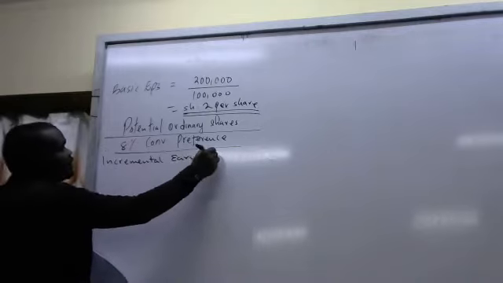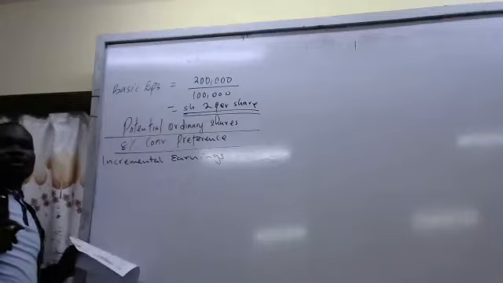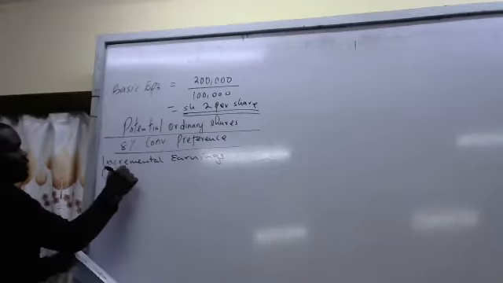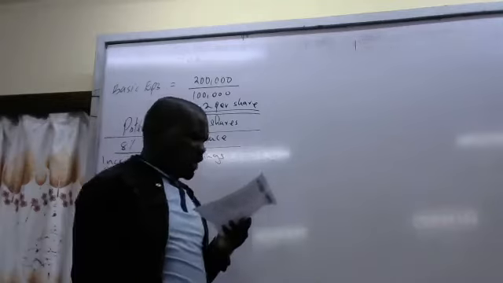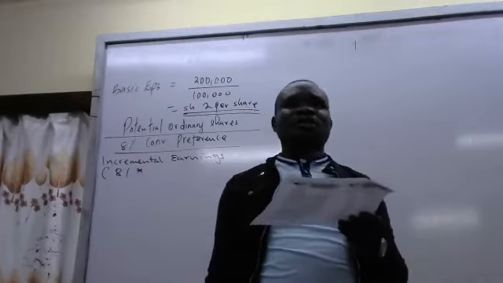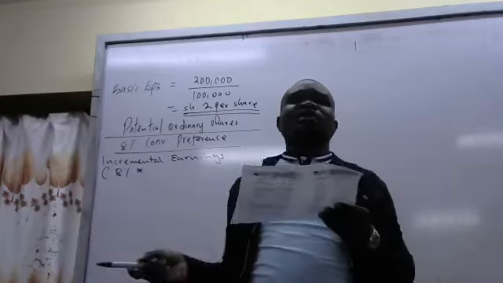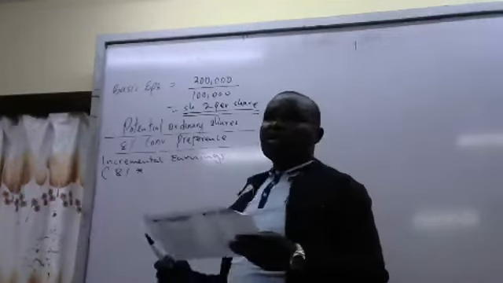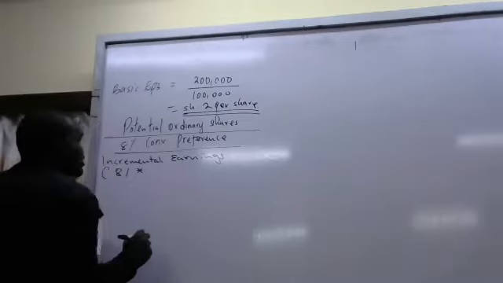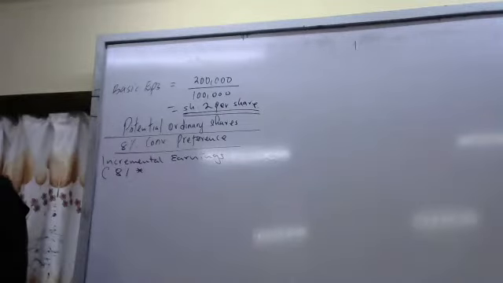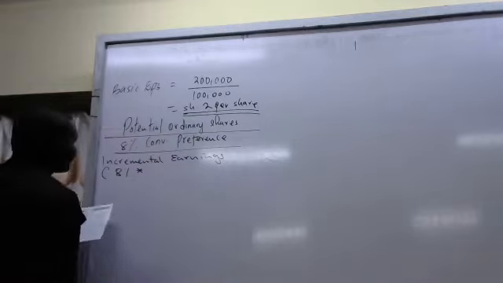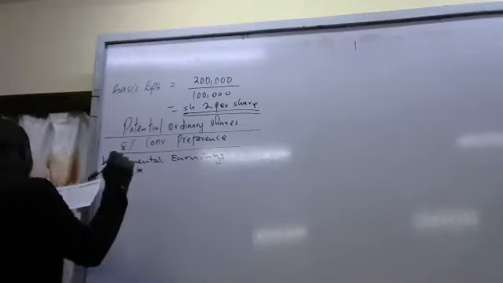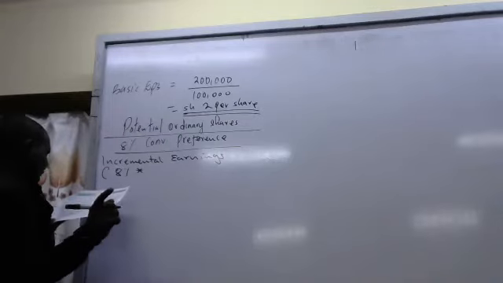Incremental earnings. Nobody converted, so we are working on the assumption of what if they convert. So take 8%. Though we were given the preference dividends in the schedule, 40, let's calculate it because it will not always be given. So it's 8% times the value of preference. We had 50 million, each with a value of 10.